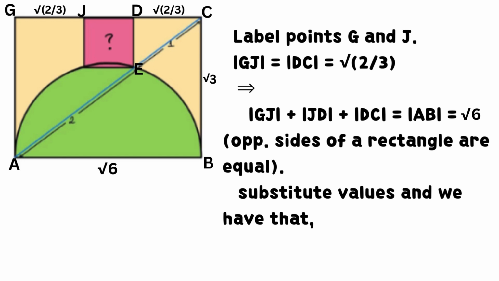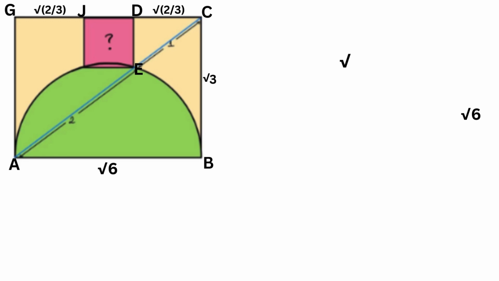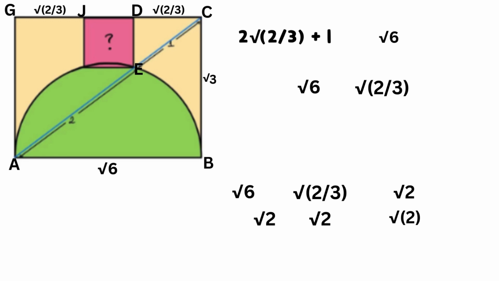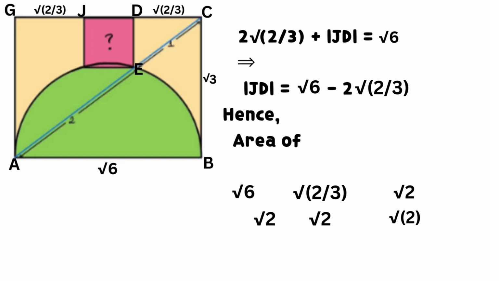Substitute values and we have that the sum of the product of 2 and the square root of 2 divided by 3, and line JD equals the square root of 6.